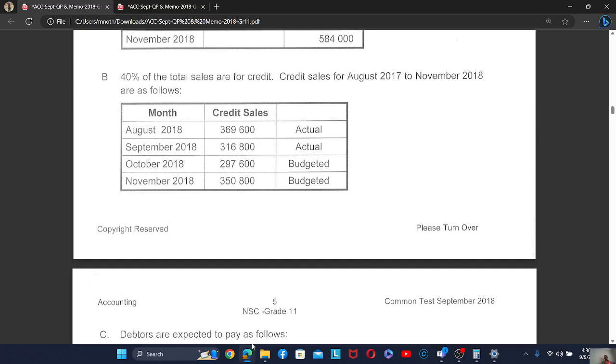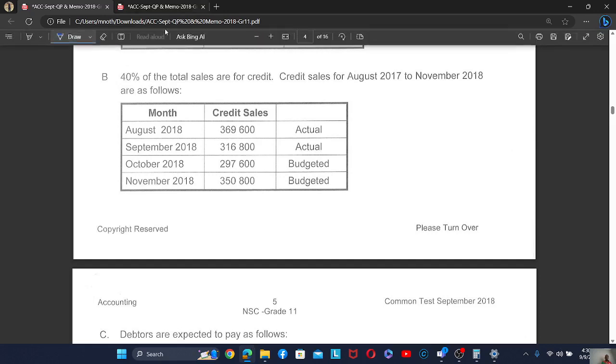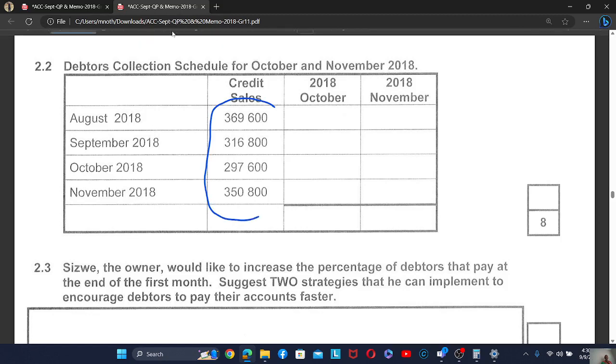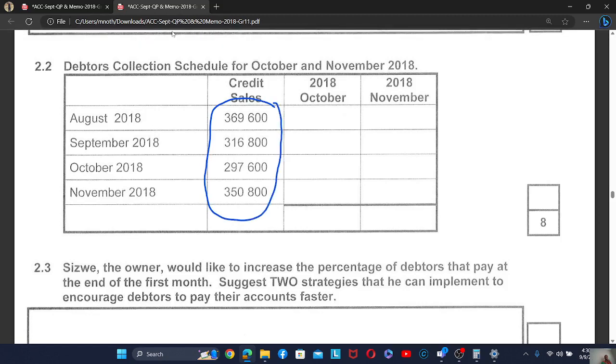So for the debtors collection schedule, we only deal with the credit sales. They are given here in the answer sheet, meaning that we don't have to calculate the credit sales because they are already given.